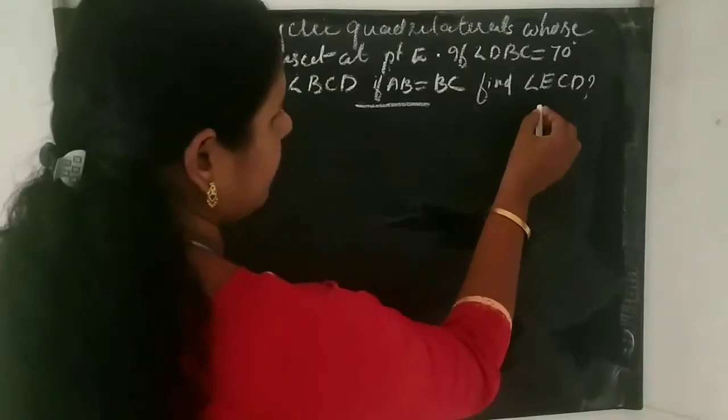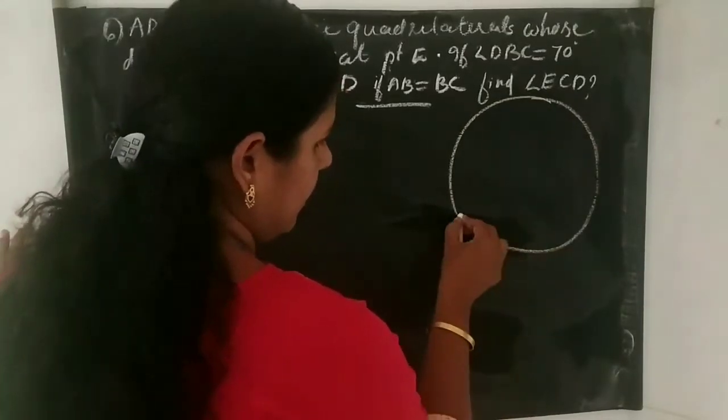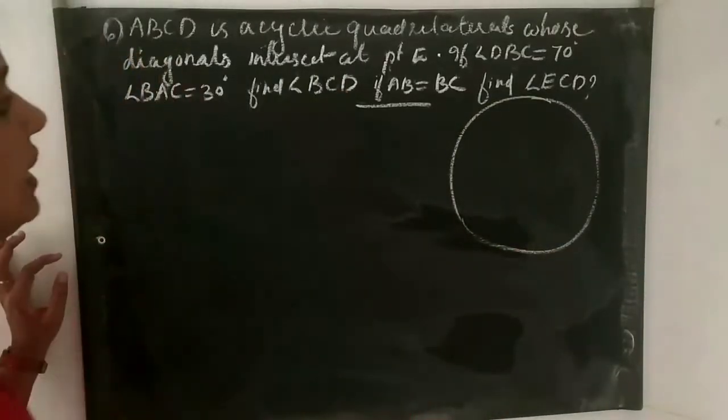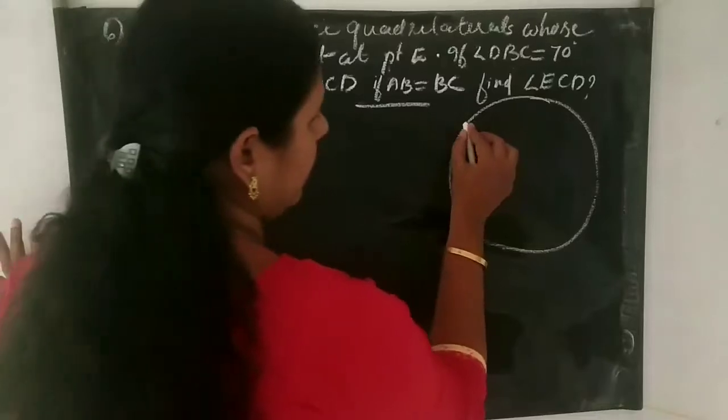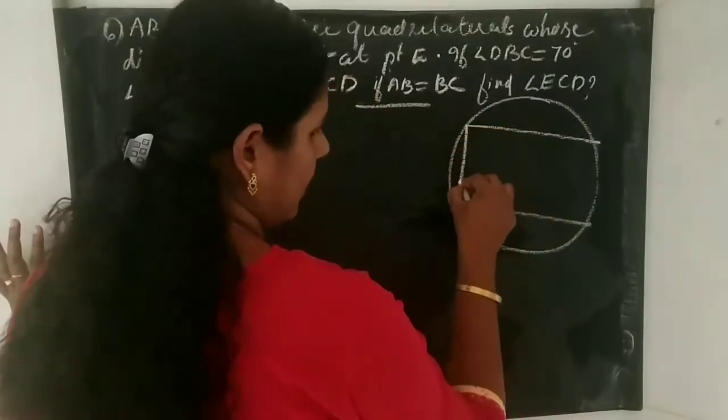Here, a circle, and ABCD is a cyclic quadrilateral. So here we draw a cyclic quadrilateral.